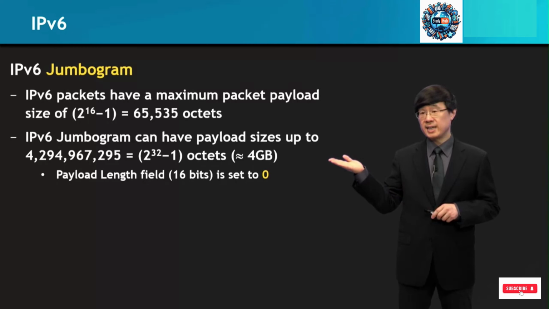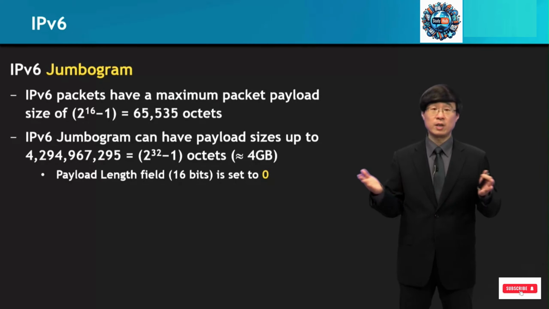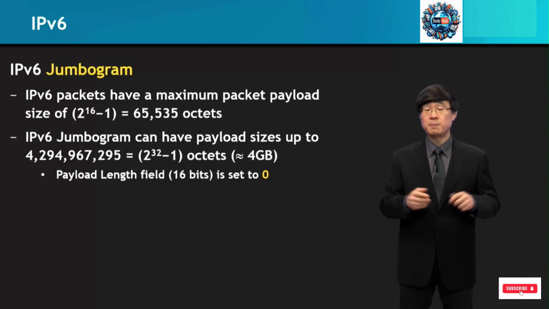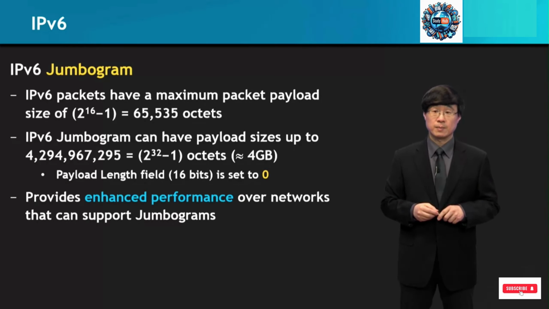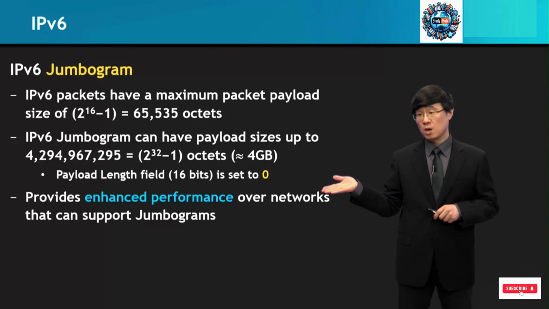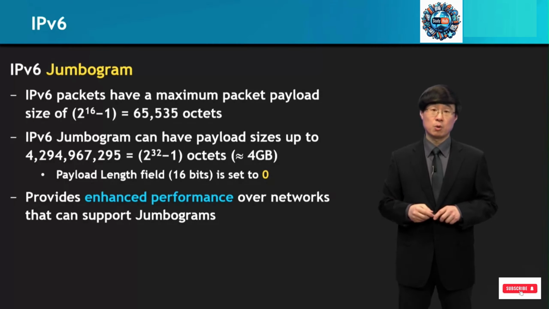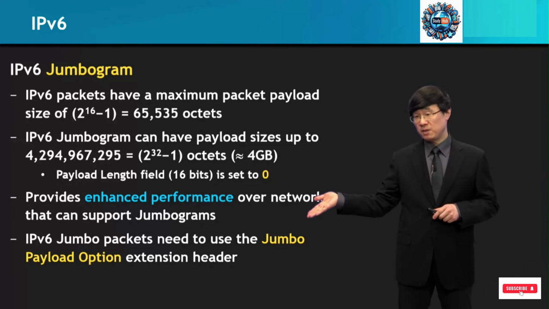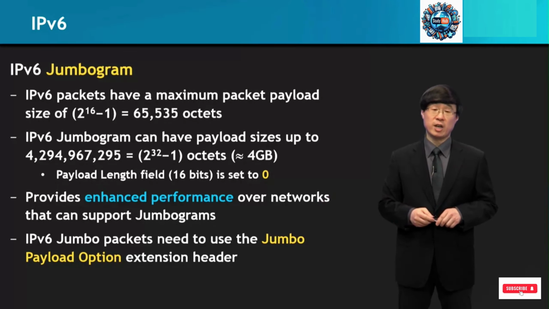A size that is 2 to the power of 32 minus 1 octets, which is a very large size. It is approximately a 4 gigabyte file size for one IPv6 packet. It provides enhanced performance over networks that can support jumbograms. In addition, when you use an IPv6 jumbogram packet, you need to use the jumbo payload option extension header.